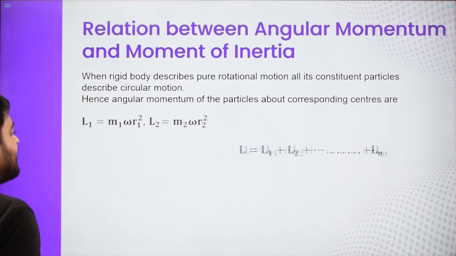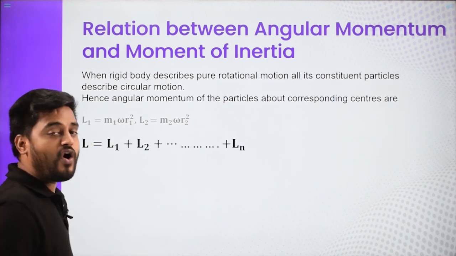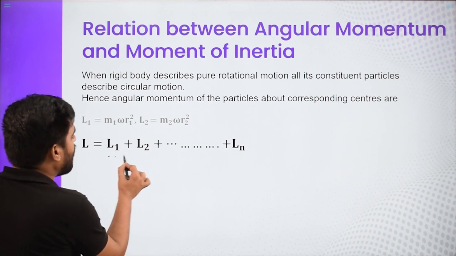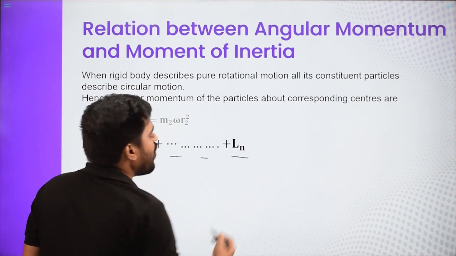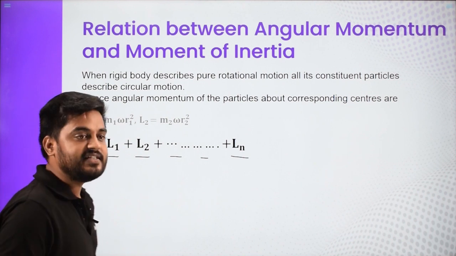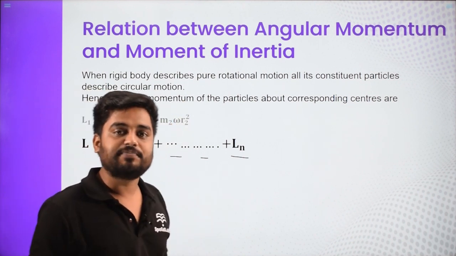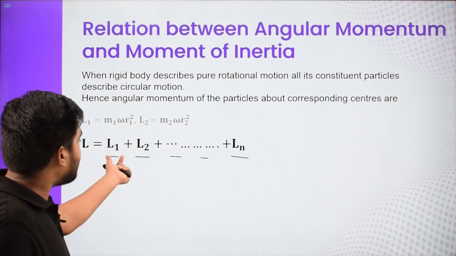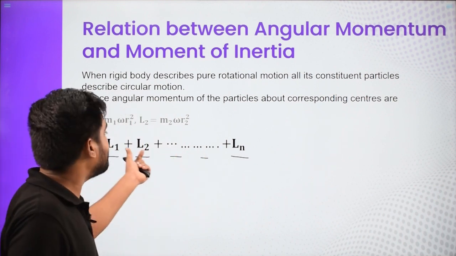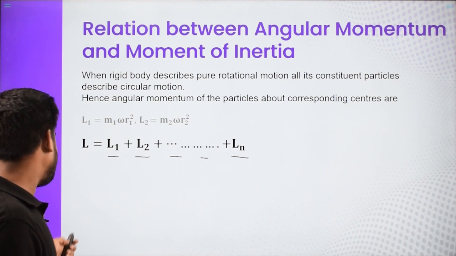Like that, we can write the angular momentum of all the particles, and we can add all the angular momentum of all the n particles. Let us say our body has a small n number of particles, which can be like infinite particles, that is also fine. So we are adding all the small angular momentums to get the total angular momentum.